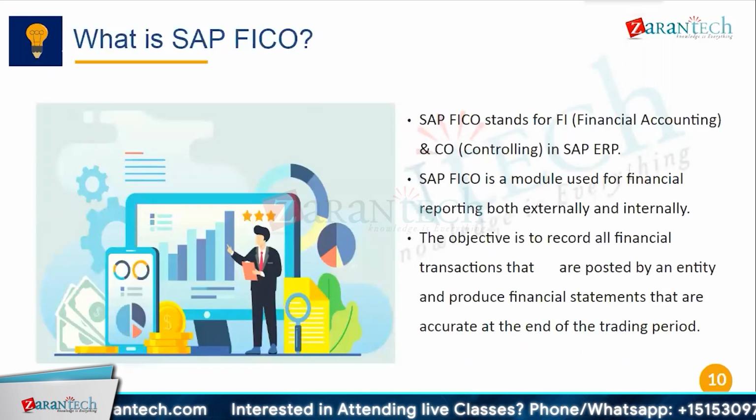So what does SAP FICO stand for? SAP FICO stands for FI Financial Accounting, CO Controlling in an SAP ERP. SAP FICO is a module used for financial reporting both externally and internally. When we say externally, we are talking about financial accounting, because externally you have the stakeholders.